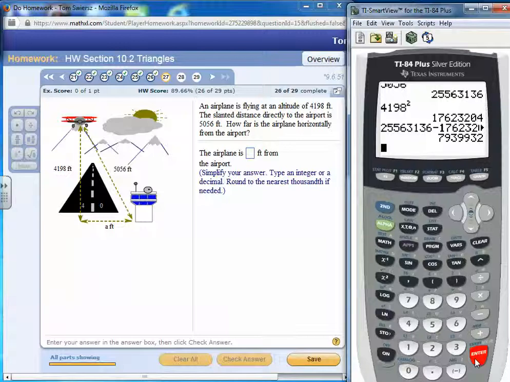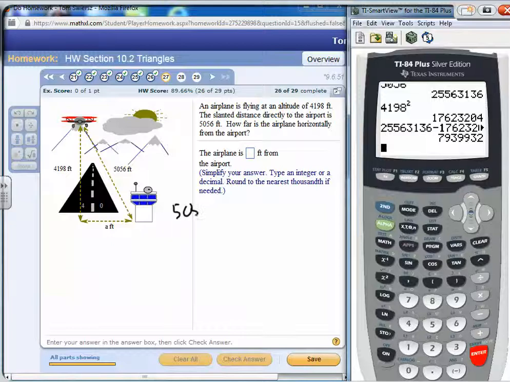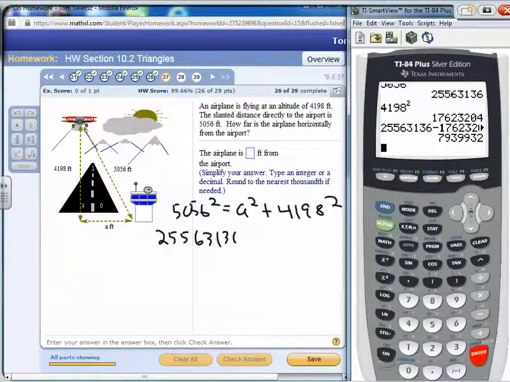Okay, so again, you'll see why I did the difference. So again, the Pythagorean theorem, 5,556 squared is equal to A squared plus 4,198 squared. And then we got 5,556 squared was 30,869,136, which is actually about 30 million, equals A squared plus 4,198 squared was 17,623,204, which was actually 17 million.